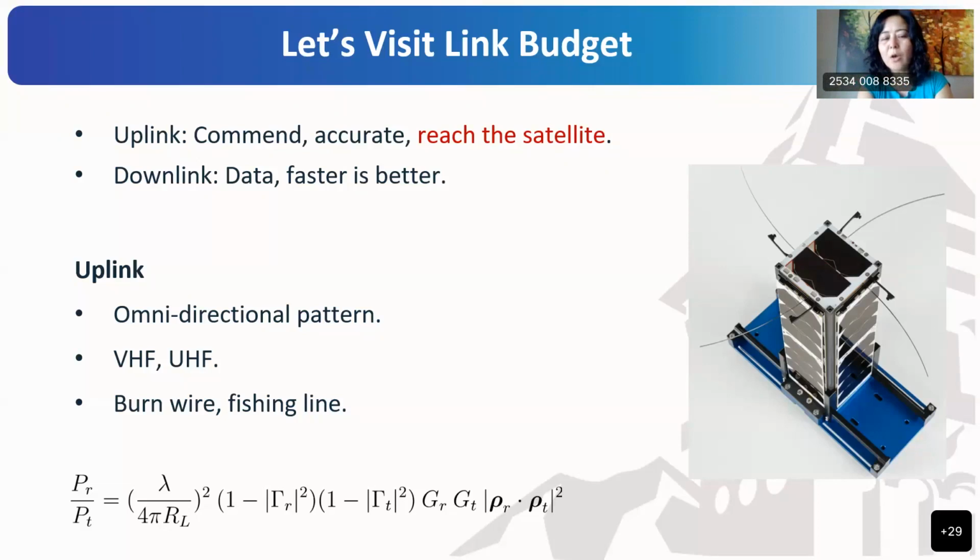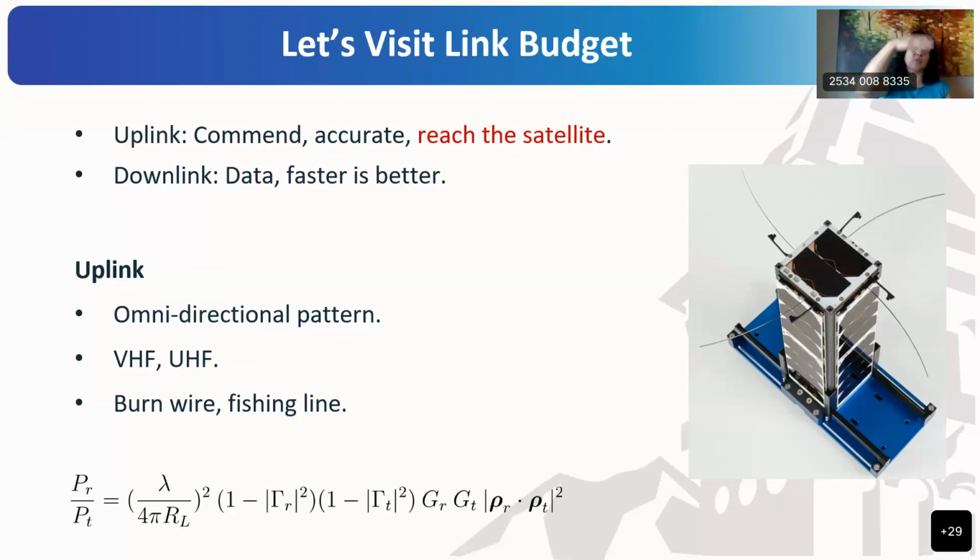So you ask, why do you need UHF? Why can't we just stick to S-band? So let's visit the link budget. For a CubeSat, when it's first launched to space, it might be tumbling. You don't know its orientation. Unless we establish a link, unless we can command it to rotate, it will be in any orientation, right?